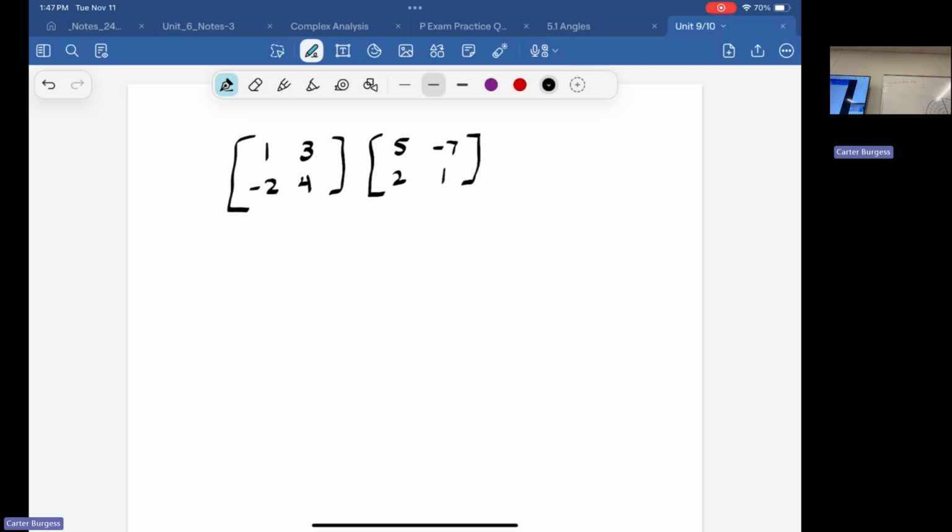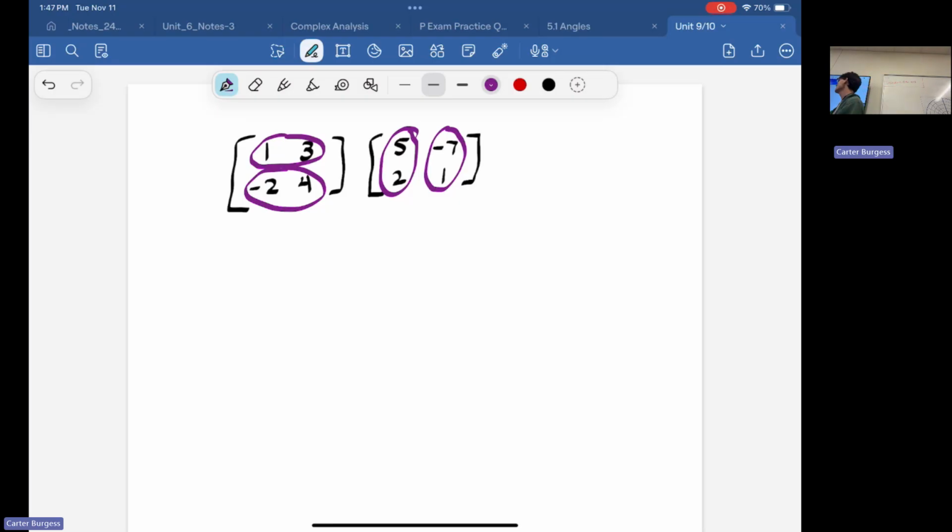What's a little bit weird about matrix multiplication: you can imagine a world where we just do 1 times 5 and 3 times -7. That does not work. The way that we define matrix multiplication is as follows. We take the rows of the first matrix and multiply them by the columns of the second matrix. Multiplication here looks a little bit different.